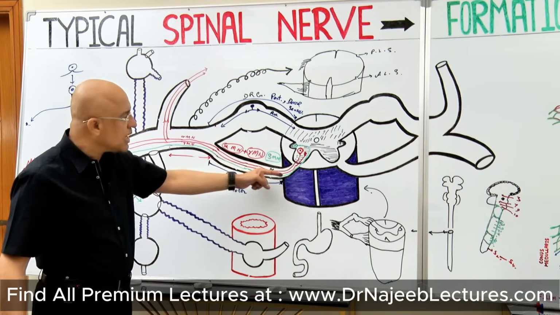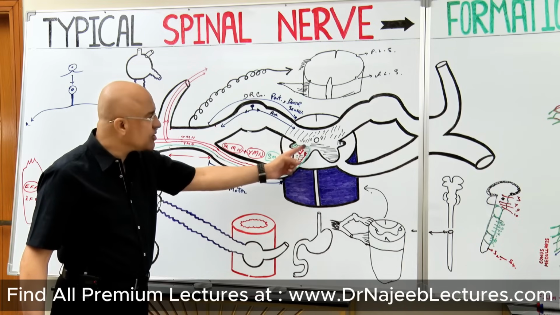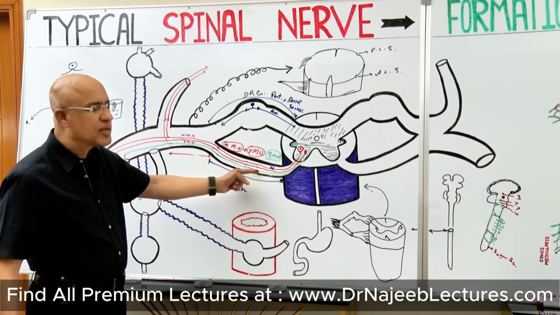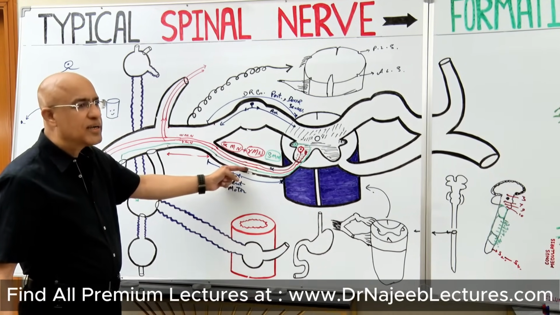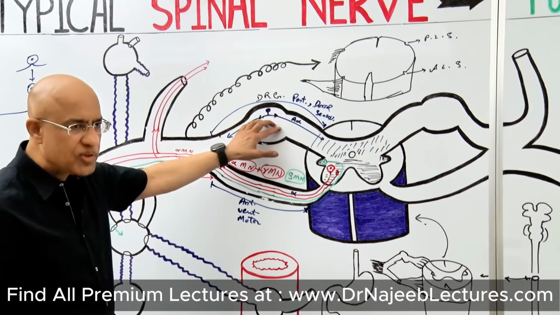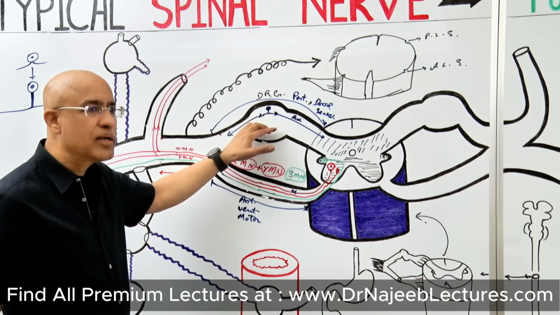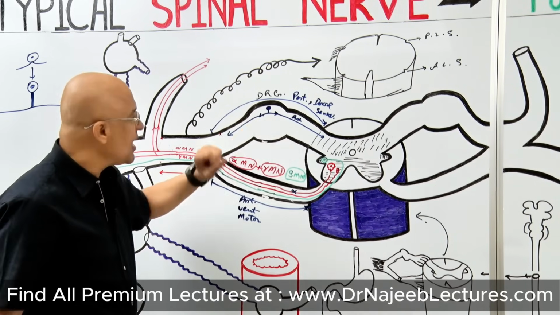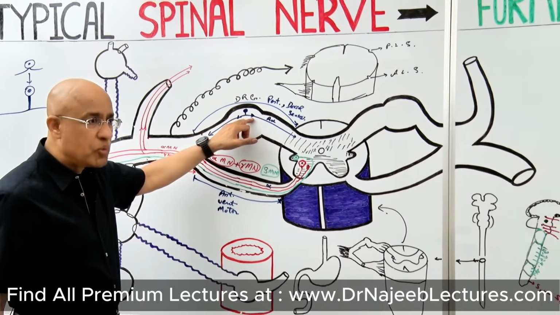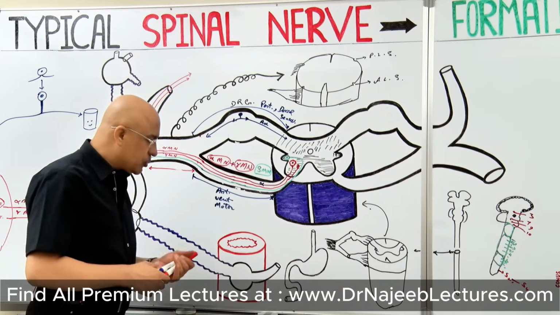Gamma motor neurons are less myelinated, relatively slow conducting, and the visceromotor neurons, or sympathetic fibers, are relatively less myelinated. But when we go to the dorsal neurons, some are heavily myelinated, some are less myelinated, some are not myelinated. I have started the discussion with the most heavily myelinated fibers.